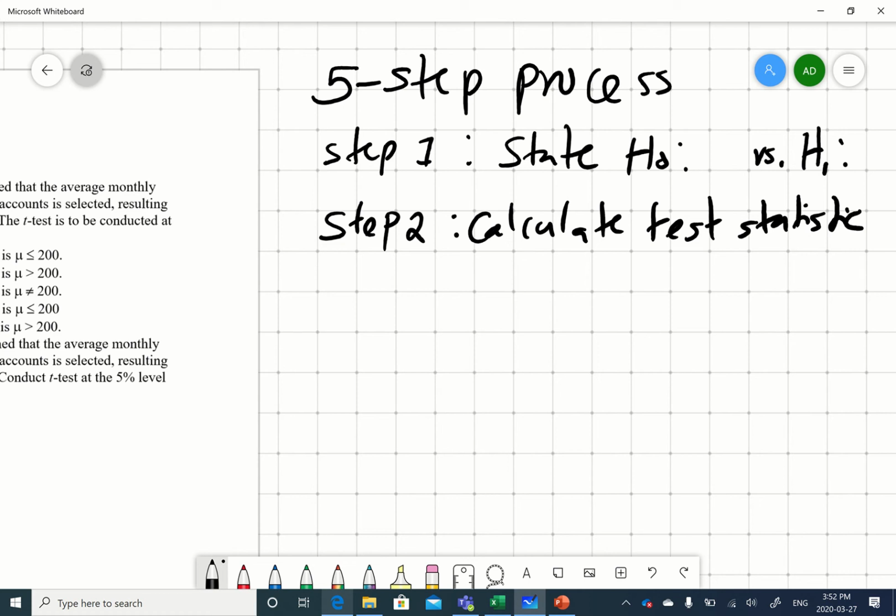For this step, if you're running a test for a population mean, the test statistic can be of 2 streams. One is a Z approach, the other one is the T approach.